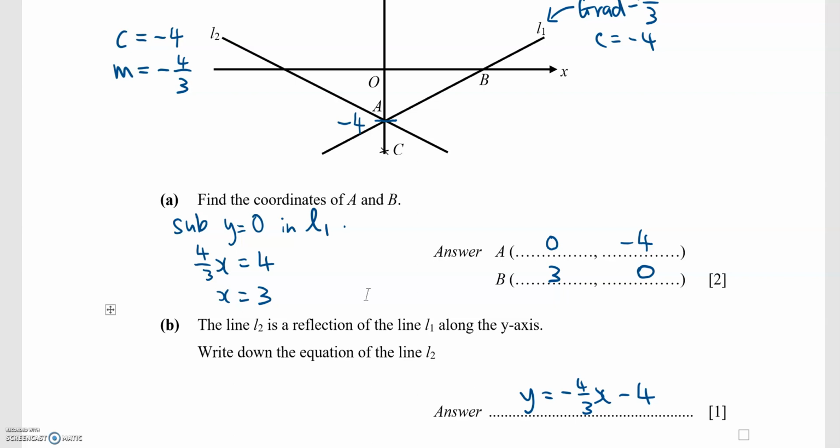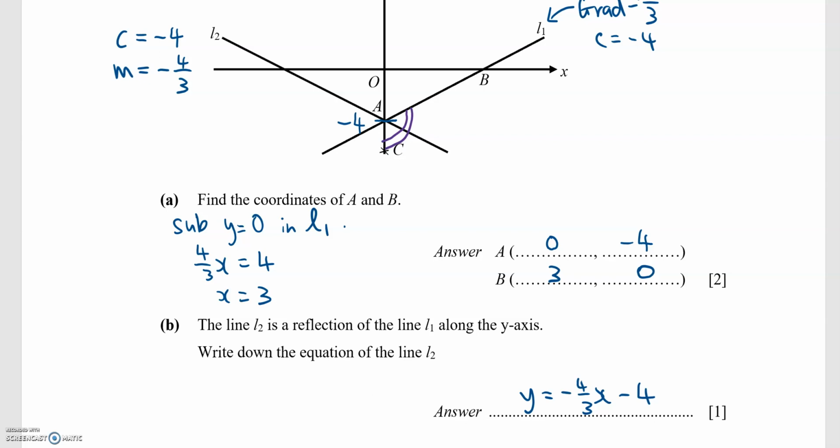So angle BAC is actually this angle over here. They want us to find the cosine of this angle. Now, if you look at the diagram, we see that angle BAC is an obtuse angle.